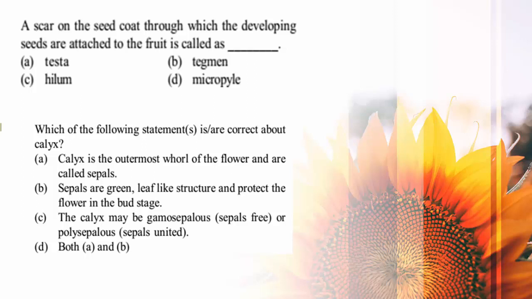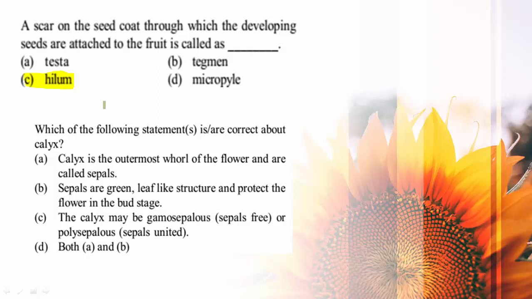The scar on the seed coat represents hilum. What is this hilum? It is the part where the junction between ovule and funiculus is, and hilum represents the scar on the seed.